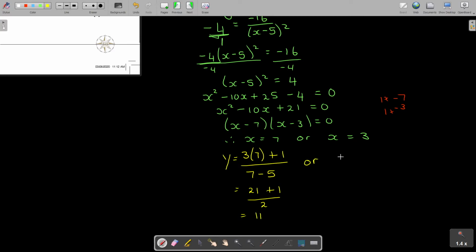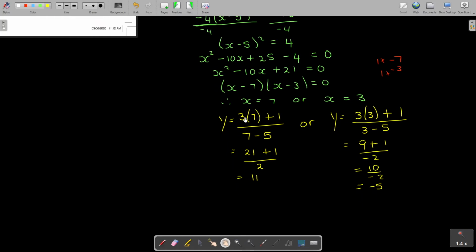Or y is equal to, put in the 3, 3 times 3 plus 1 over 3 minus 5. And that's 9, 9 plus 1 over negative 2. That's 10 divided by negative 2. That's negative 5.